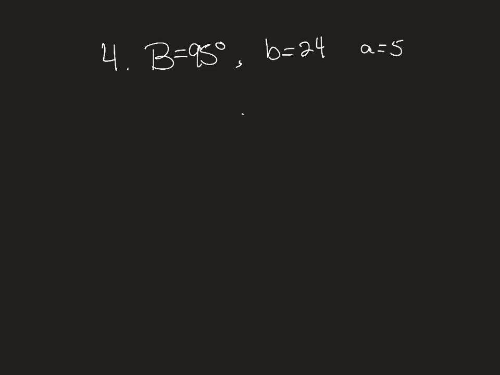Again, remember, always side, side, angle. But in this case, I need to draw a little bit more accurately, and here's why. This angle is obtuse, so it's going to be side, side, and then my obtuse angle down here. So my angle B down here is 95.